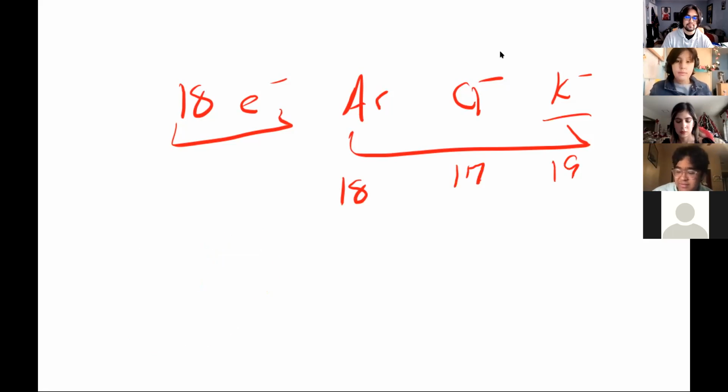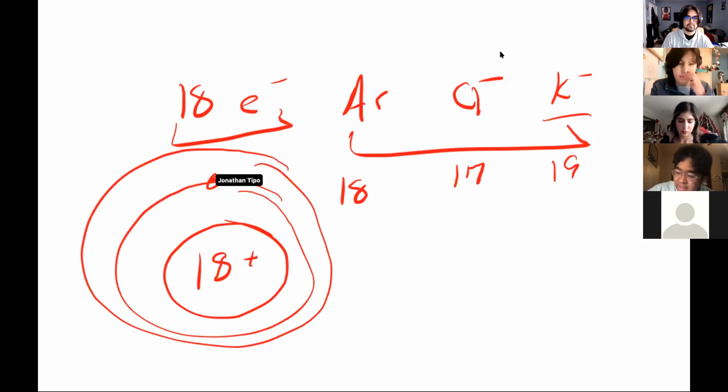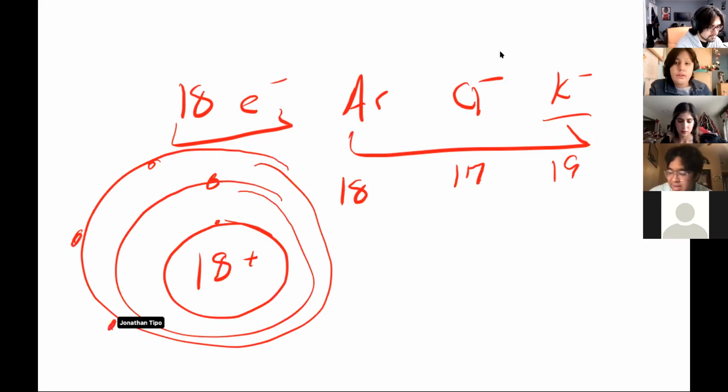And how we actually find this out is due to something we call effective nuclear charge. If argon looks like this, a 3-shell atom with full electron shells, the way we calculate effective nuclear charge is we take the number of protons in the middle, then subtract the number of electrons that are not the outermost electrons.